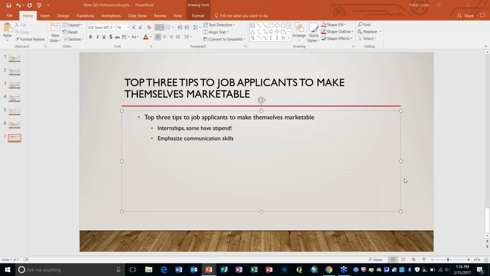Organizations and companies are interested in how you can communicate with customers, how you can contribute written work to technical proposals, etc. I think that's really important, and I'm going to touch on that again later in some of the career development areas. So that's a second one that I would emphasize.